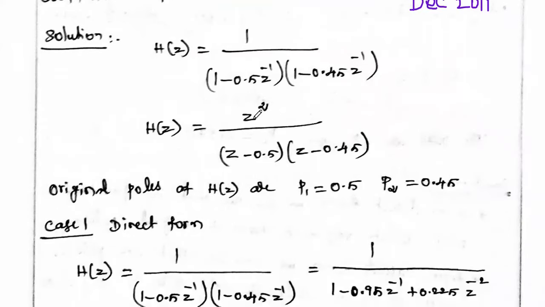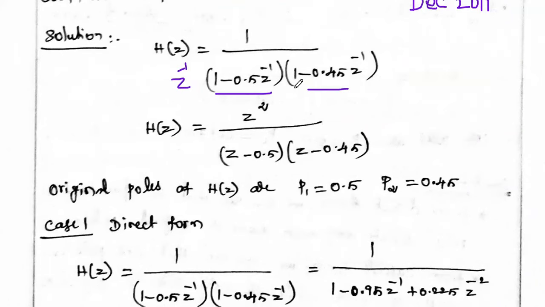Then in the system function, there is a z inverse term available. If you want to find the pole, you convert into positive z by taking z inverse outside from the first term. We can write it as 1 minus, that is z minus 0.5. Similarly, from the second term, you take one z inverse outside, so you can write it as z minus 0.45.